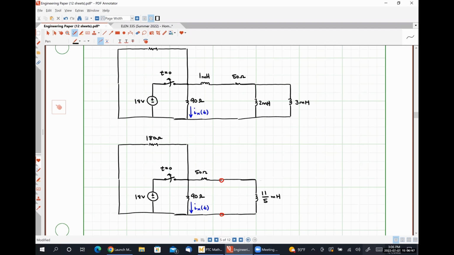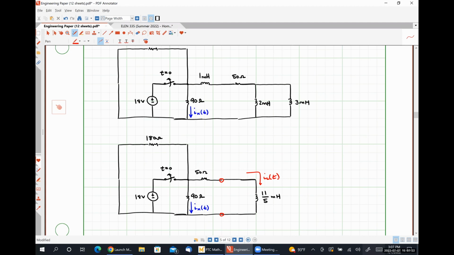Now, I'm going to consider this current to be IL of t, where I no longer need to worry about how it splits among the inductors or anything like that. I've just lumped all of my inductors together. And I can do that because my goal here wasn't to determine the inductor current, it was to determine that resistor current, which is influenced by how the inductors are behaving.